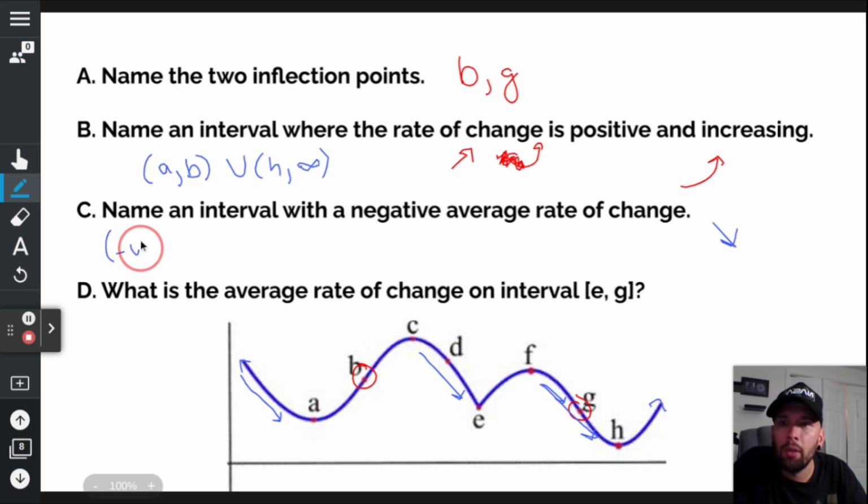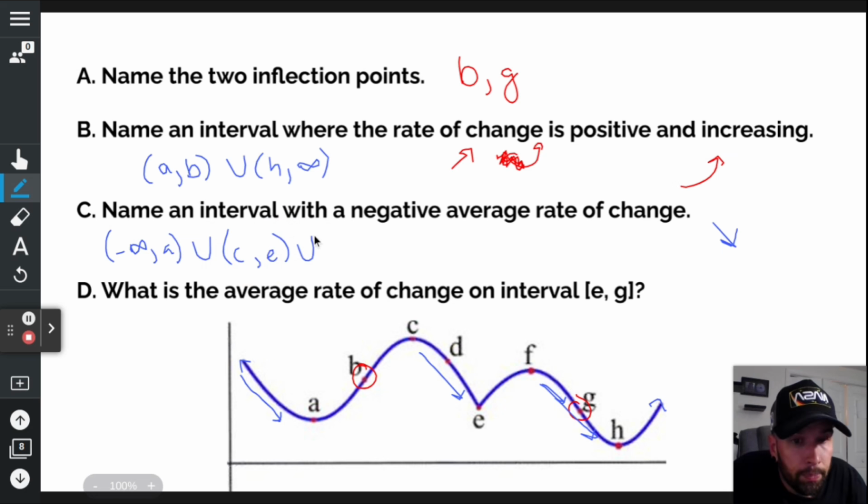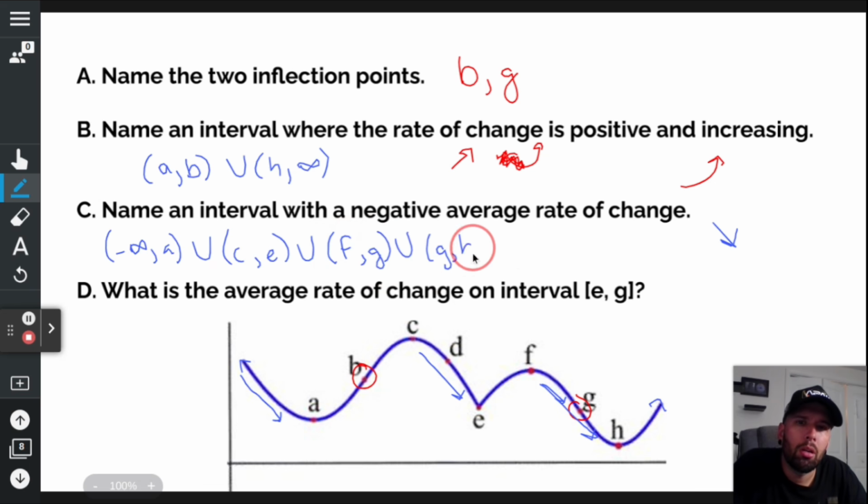Negative infinity to A, union, C to E, union, F to G, union, G to H, union, and F to H.